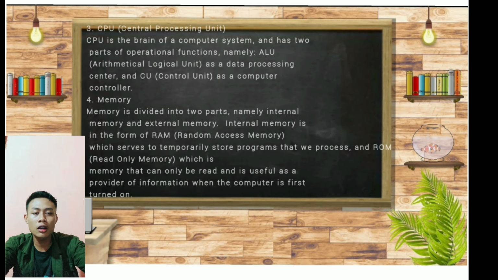CPU, Central Processing Unit. The Central Processing Unit is the brain of a computer system and has two parts: ALU, Arithmetic Logical Unit, as the data processing center, and CU, Control Unit, as the computer controller.